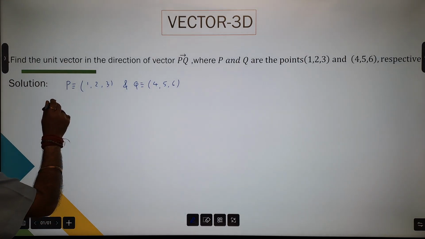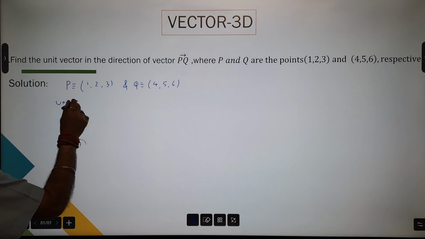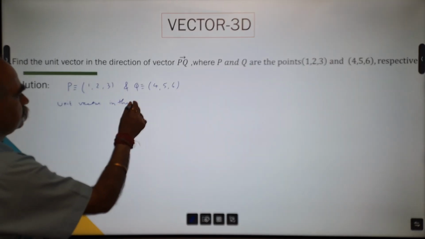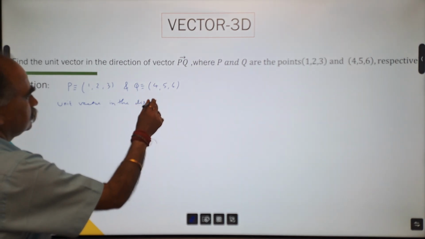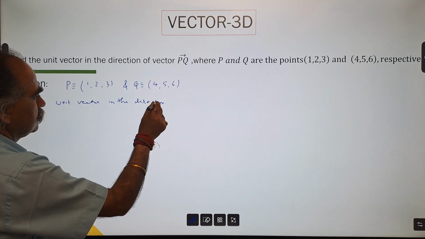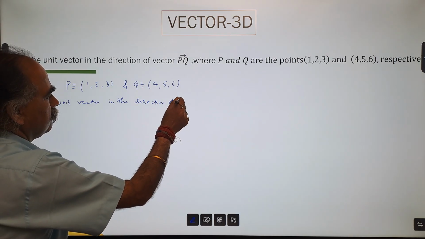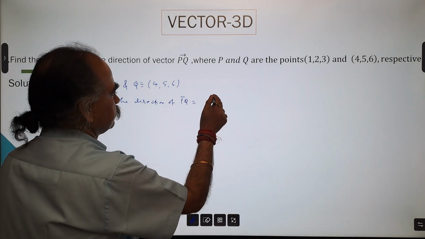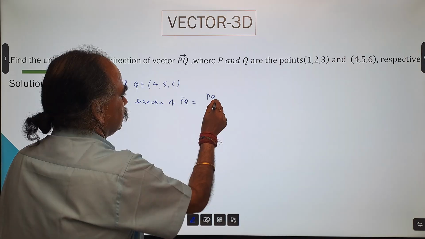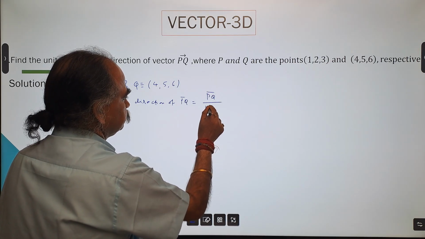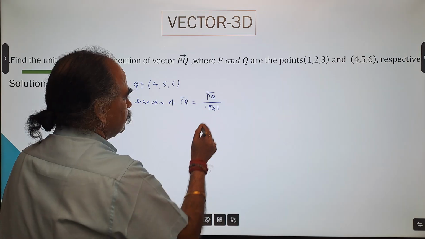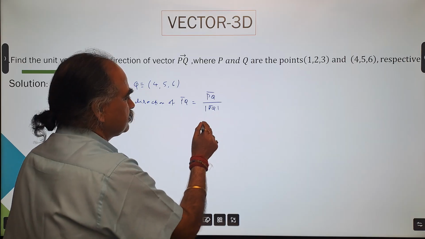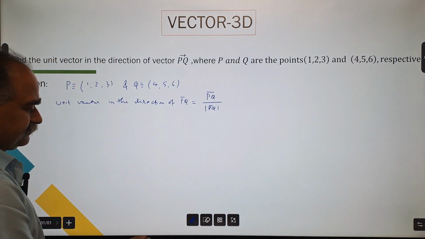The unit vector in the direction of PQ bar is what? Vector upon its magnitude, PQ bar upon mod PQ bar. If they ask for a unit vector parallel to PQ bar, then it will be plus minus.